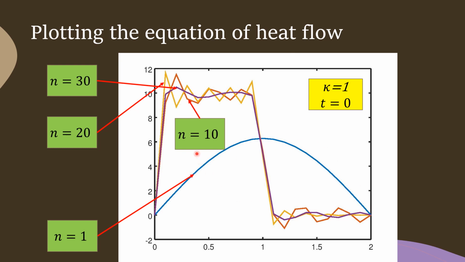So what I do next is to increase n to 10, and I will have a plot that is represented by the red line here, and n equals 20, which is represented by the yellow line, and n equals 30, which is the one given by the purple line here. So here you see increasing n will give me a result which is closer to my initial condition, right? So this is the plot. On the y-axis here, this is my temperature u(x,t), and this is my x on the x-axis.